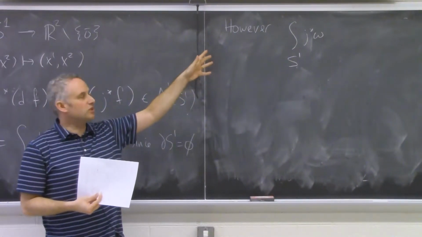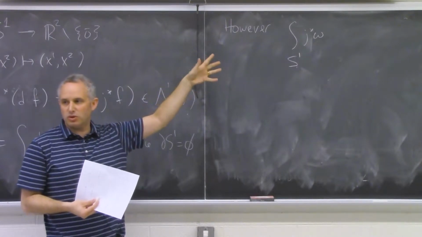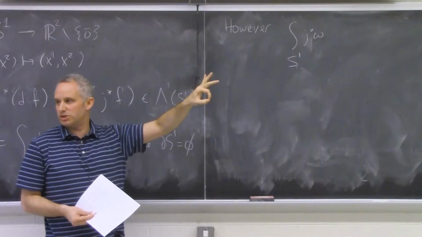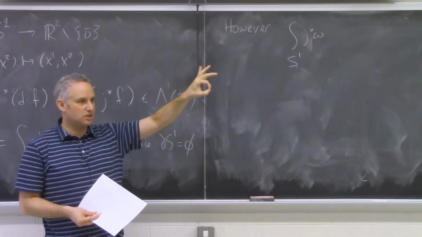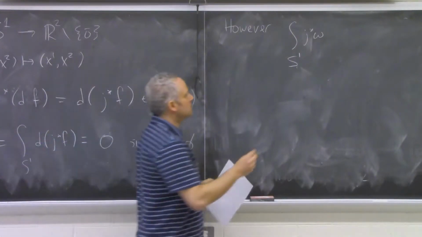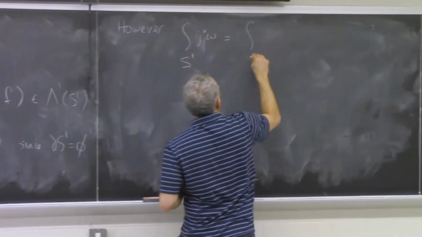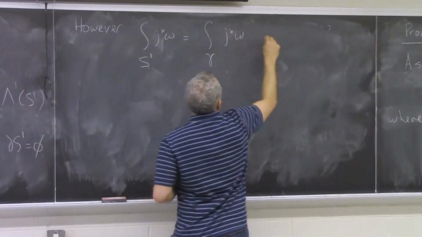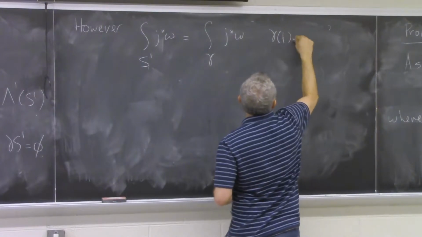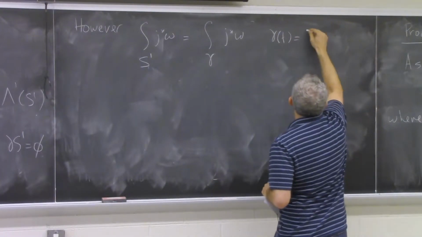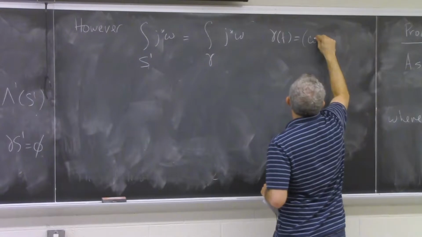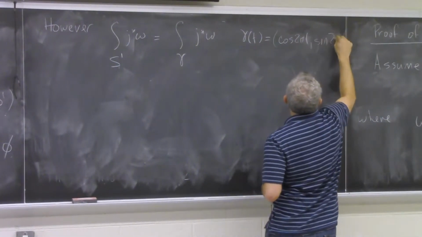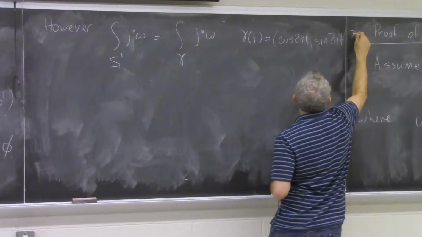So we know we've done several integrals over the circle. We're going to use our nice singular 1-cube, which just wraps around once and whose ends just touch. So this is equal to, as we know, the integral over gamma of J star omega, where gamma of t is our usual (cos 2 pi t, sine 2 pi t).